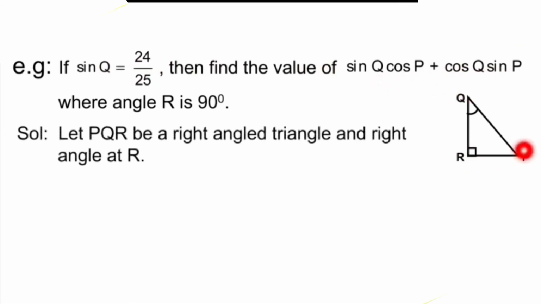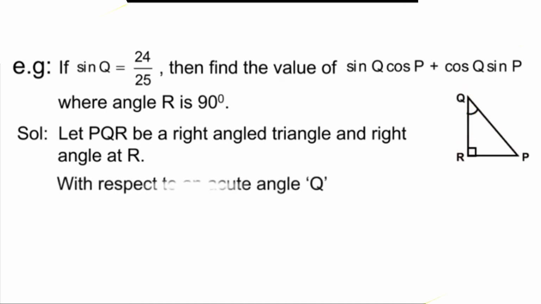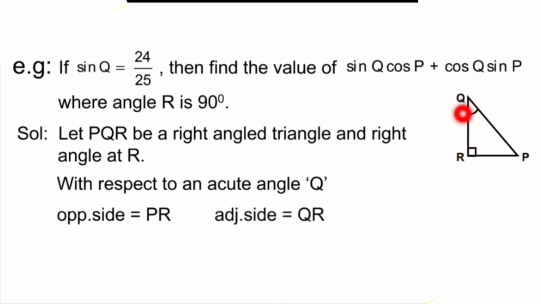Let PQR be a right angle triangle, right angled at R. Now, let us name the sides of this right angle triangle with respect to an acute angle Q. Children, the opposite side is equal to PR since it is opposite to the acute angle Q. Next, the adjacent side is equal to QR since it is next to the acute angle Q. Next, the hypotenuse is equal to PQ.